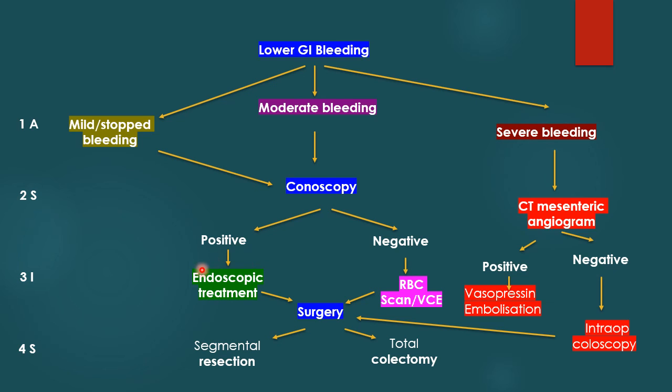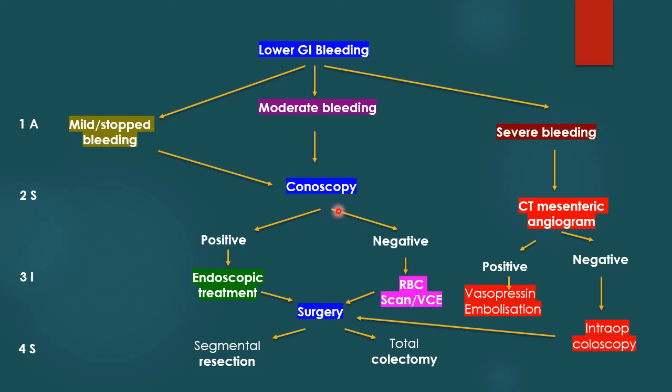These are the 3 things you can use to stop the bleeding. If it does not stop bleeding, then you may have to go for open surgery and resect the affected segment of the intestine.